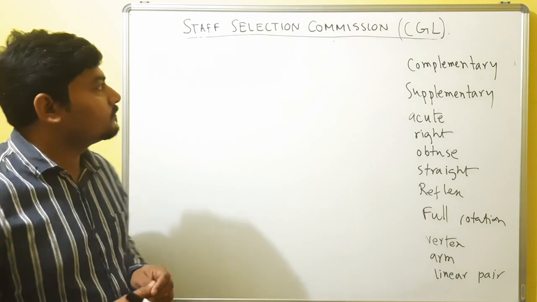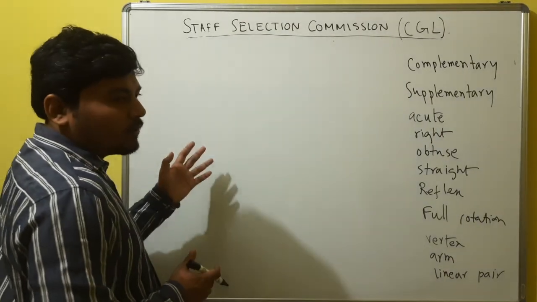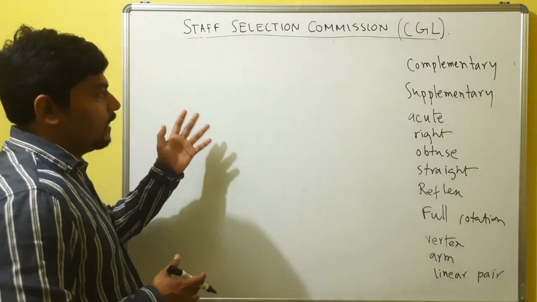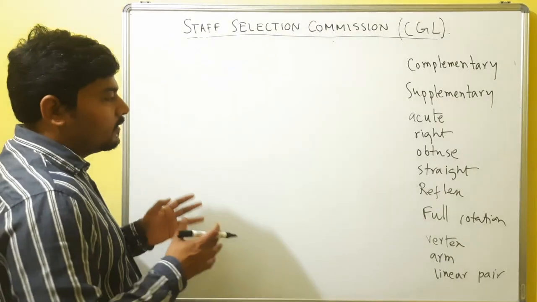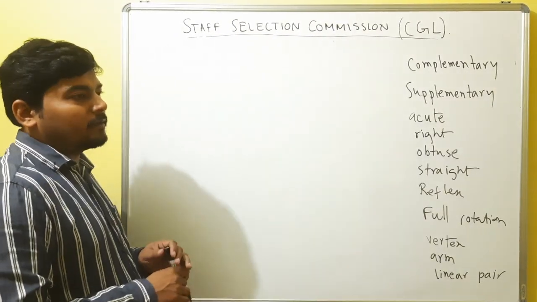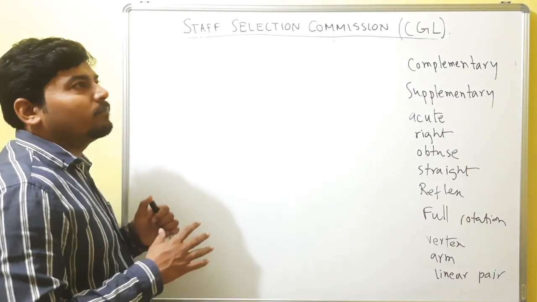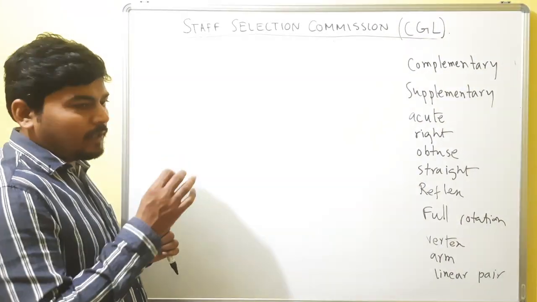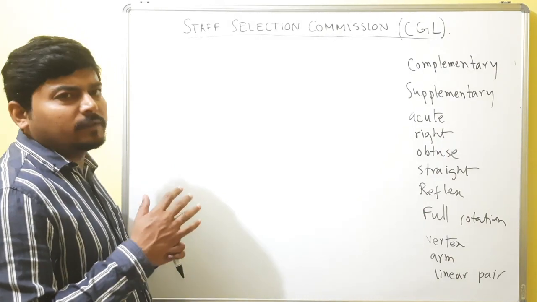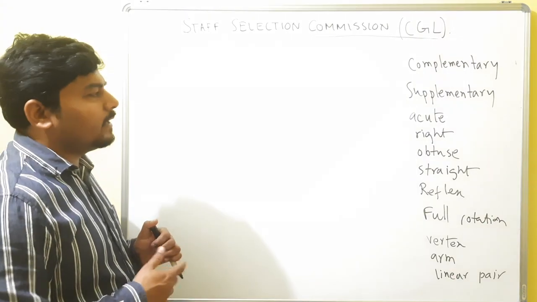Angles, okay, geometry especially. So there is one more class which I took last day. This is the next class, where I am going to discuss a few other types of angles. In the previous class I discussed different kinds of angles, and in the first class I discussed a few basic things like what a point is, a line, a straight line, and what an angle is.